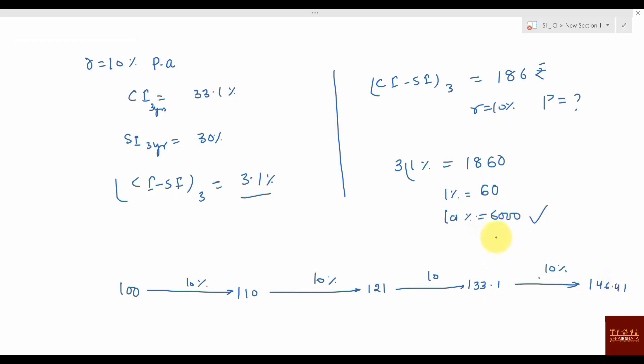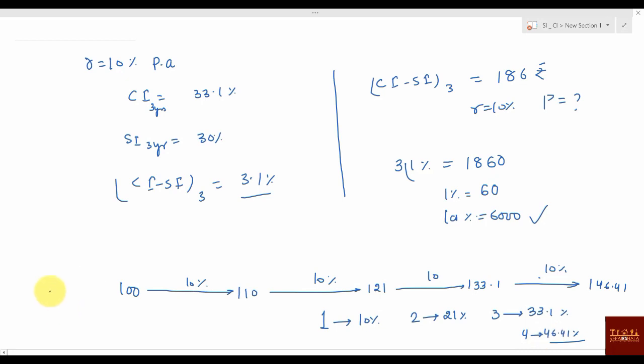So for 1 year your rate of interest will be 10%. For 2 years it will be 21%. For 3 years it will be 33.1%. For 4 years it will be 46.41%. Right?